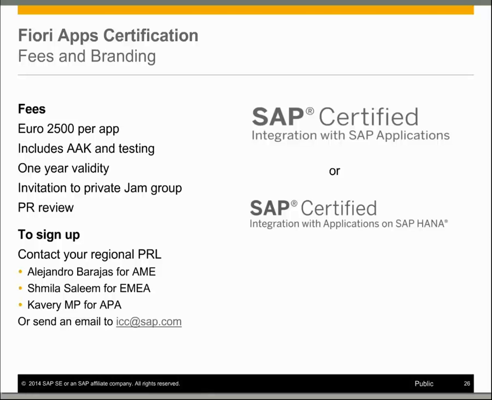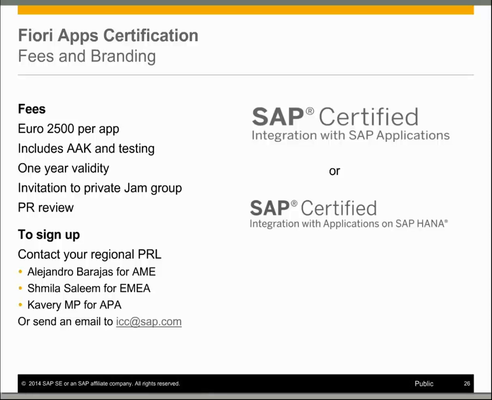Finally, on the fees and the branding, each Fiori app costs 2,500 euros for application, and it includes delivery of the AAK and a certification test. Each Fiori app has a validity of 1 year, and we also invite you to the private JAM group where you can collaborate with various SAP teams and other partners who are developing Fiori apps.